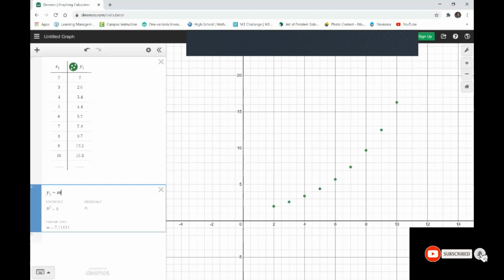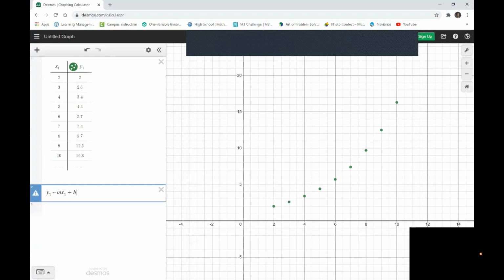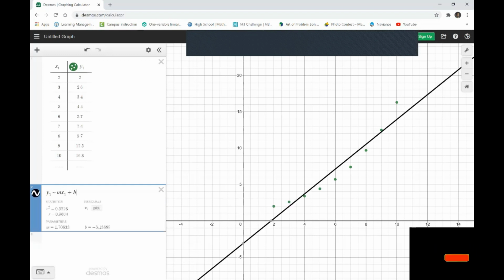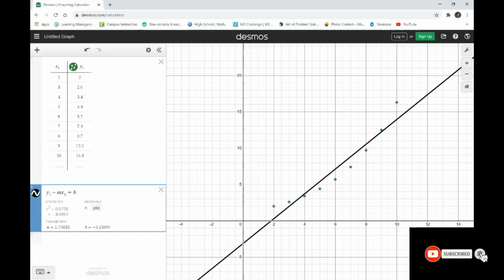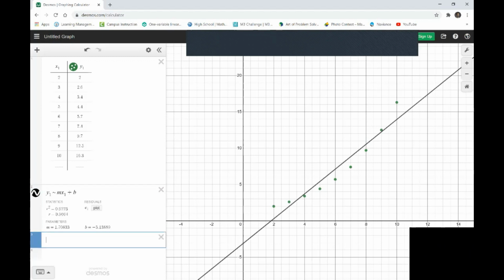Then we want mx1 plus b. So as we can see, the line doesn't hit that many of the points. And we have our r value of 0.96. So that's a strong fit. And our R squared value is 0.92. So that's saying that 92% of the data fits the model.